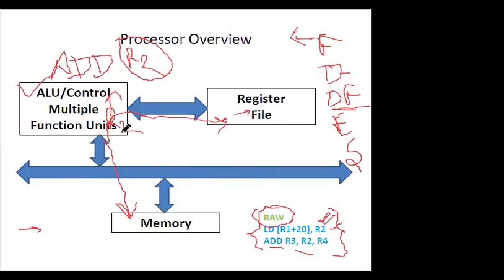Instead of doing so, we just created a copy of R2 and forwarded it to the addition instruction so that it can be executed. So this process of creating a copy and forwarding it to the arithmetic logic unit performs the operation of the next instruction within the same cycle.